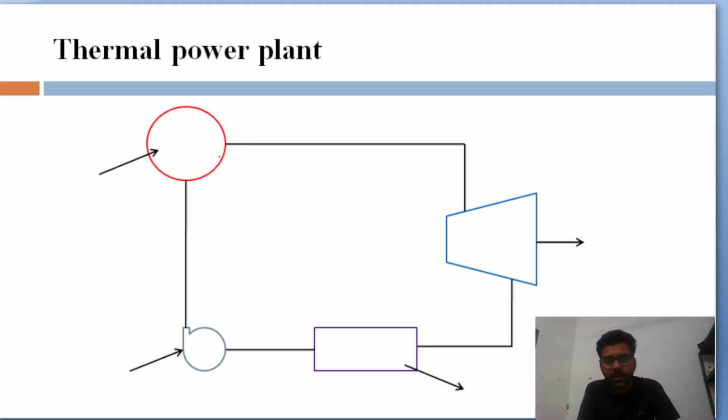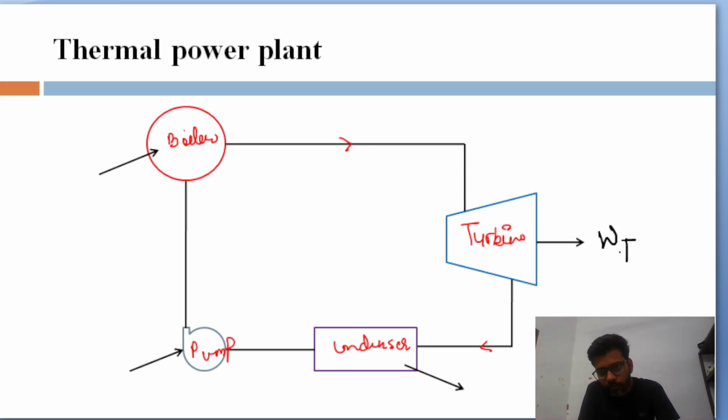This is a simple thermal power plant in which there is a boiler, and the boiler generates steam which goes to the turbine, and from the turbine it goes to the condenser, and from the condenser to the pump. The turbine produces work WT, the pump consumes work WP, and heat is supplied to the boiler and heat is rejected from the condenser.